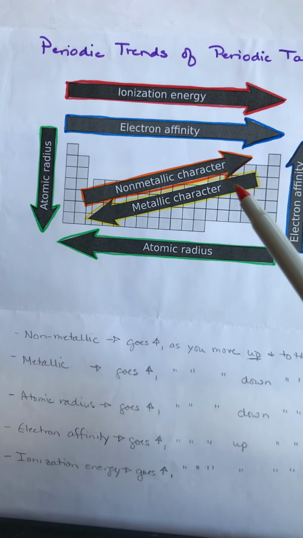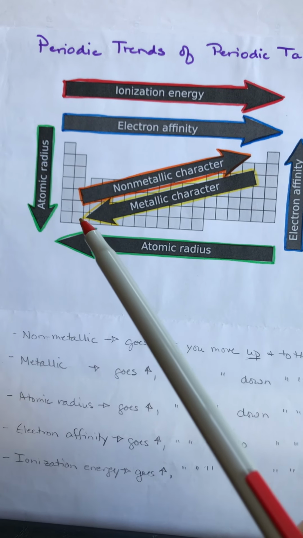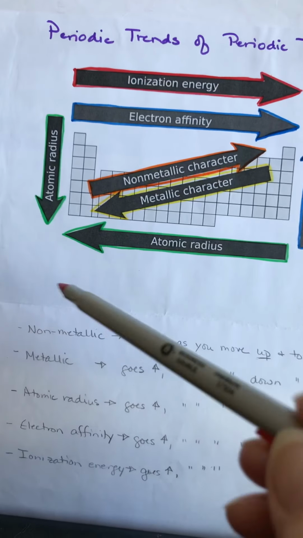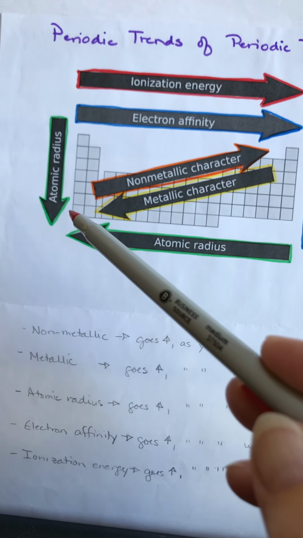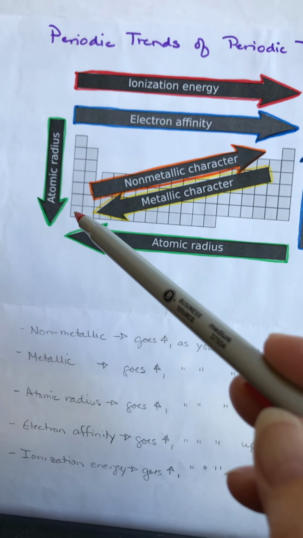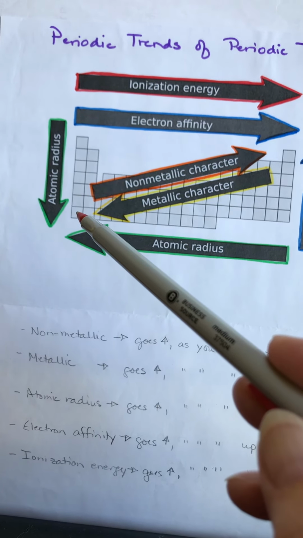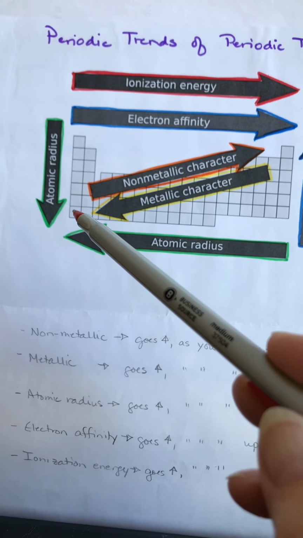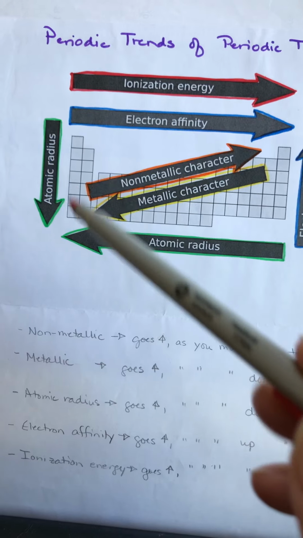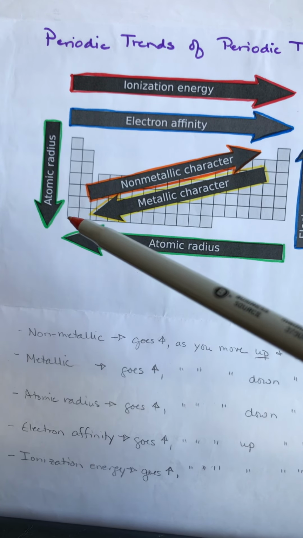Metallic character gets greater as you go down the chart and to the left. So to apply that, this element right here is the most metallic element that we have. It is called francium. Okay, Fr, francium. It is the most metallic character. It is the most down and to the left that we have.